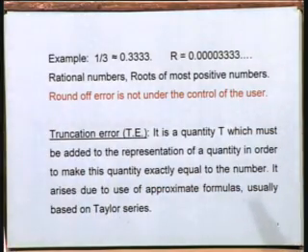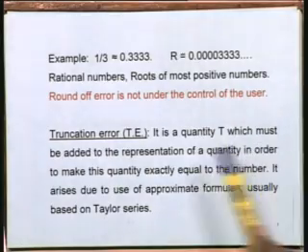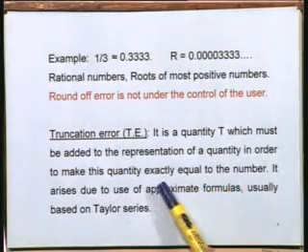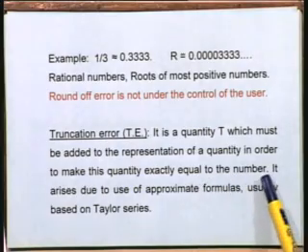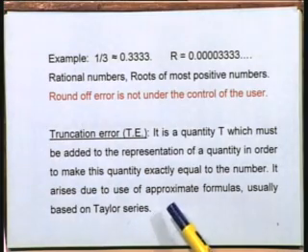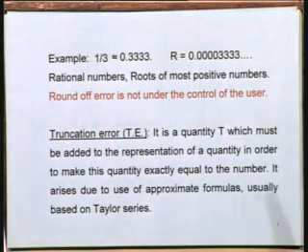Truncation error is a quantity t which must be added to the representation of a quantity in order to make this quantity exactly equal to that number. It arises due to the use of approximate formulas, usually based on Taylor series. Now, for example, if you want to get the value of exponential of x for small x, I may approximate it as 1 plus x plus x square by factorial 2.